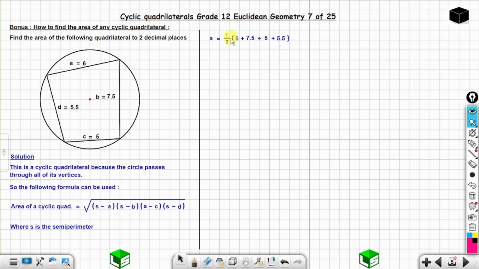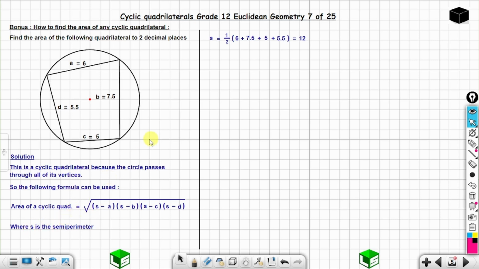This is the perimeter. You multiply by 1 over 2 to find the semi-perimeter. So this is equal to 6 plus 5, 11, 7.5 plus 5.5, 13. So 13 plus 11, 24. 24 times 1 over 2, 12. So the semi-perimeter is equal to 12.